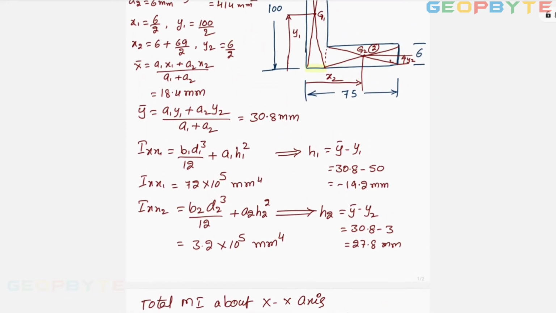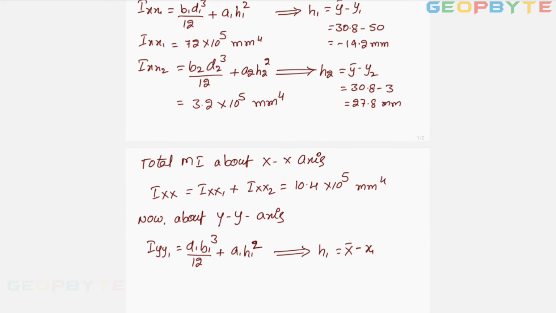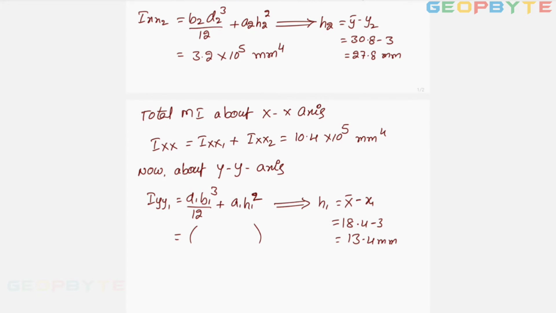Here x bar is 18.4, x1 is 3. 18.4 minus 3 is equal to 13.4 mm. You substitute and simplify for getting the value. Let me write the value clearly. Iy1 equal to 1.4 into 10 power 5 mm power 4.